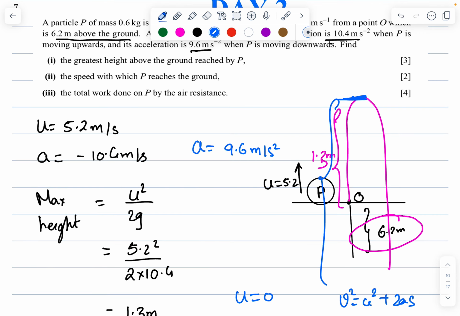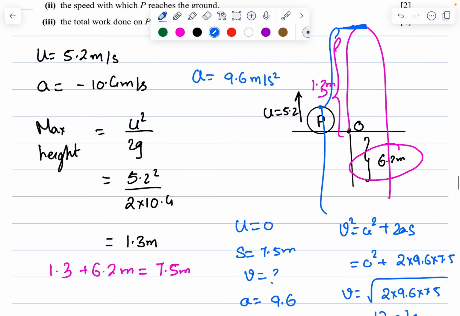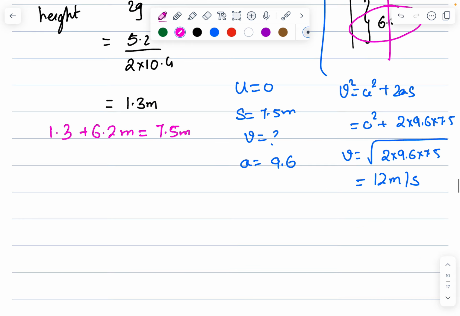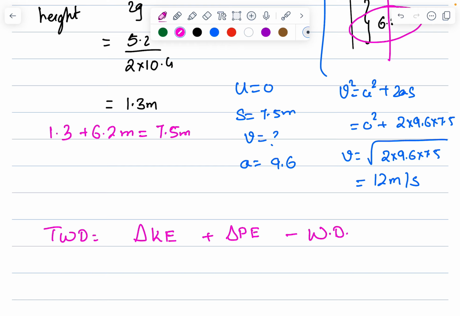The total work done on P by the air resistance. So what is the total work done on P by the air resistance? For this one, total work done equals delta KE, the change in the kinetic energy, plus change in the potential energy, minus work done against friction.